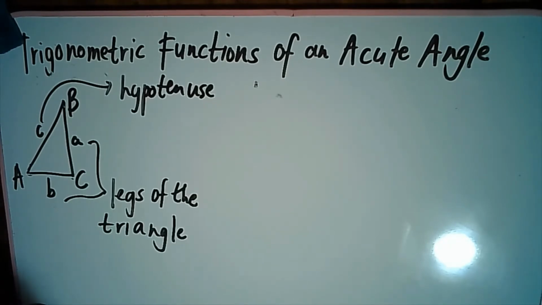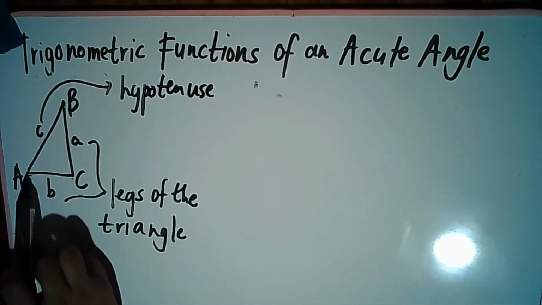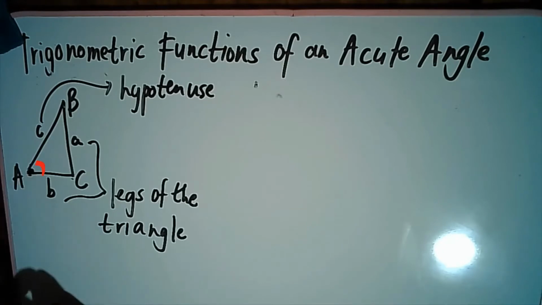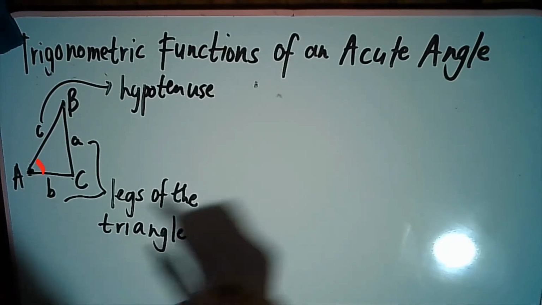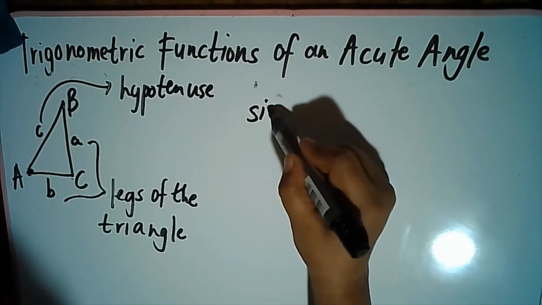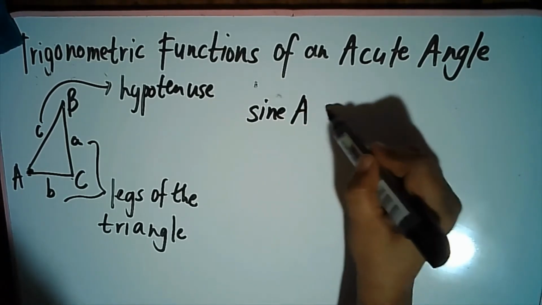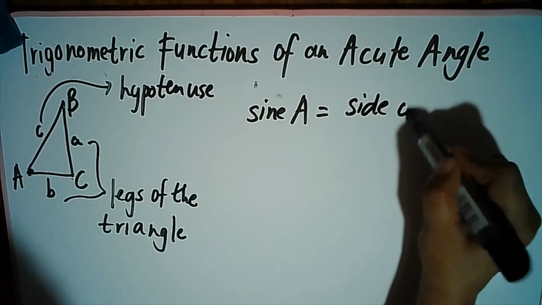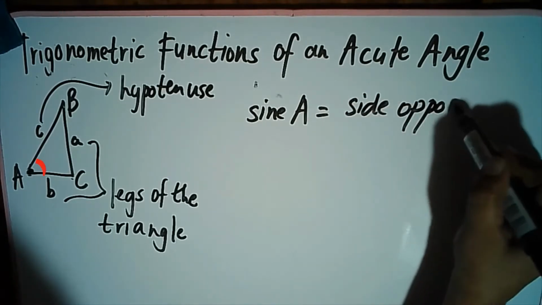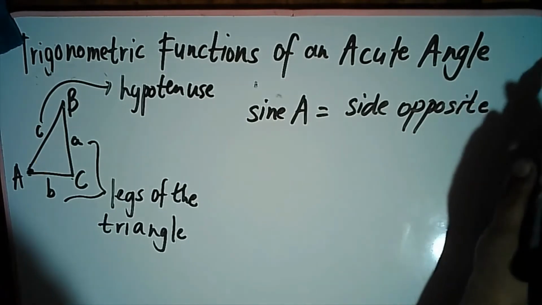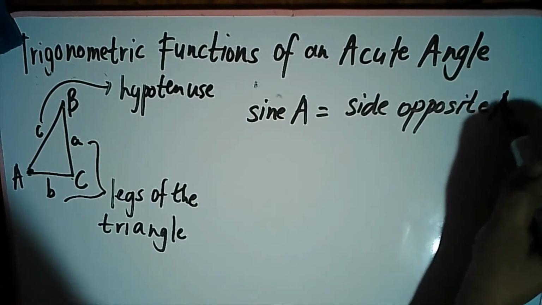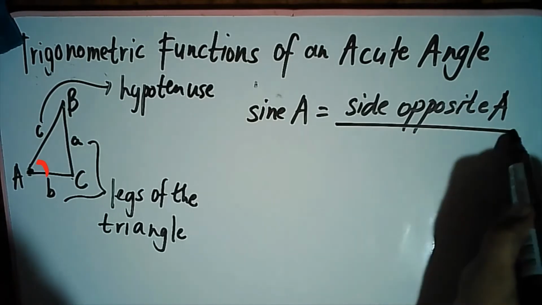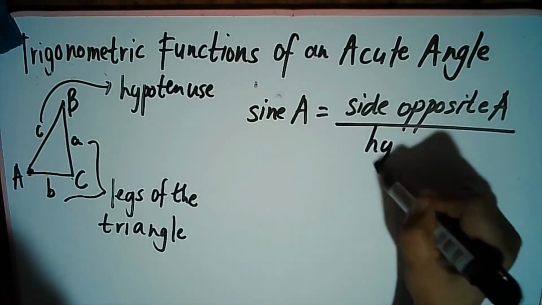We define the trigonometric functions of acute angle A. This angle, we define its trigonometric function as follows. Sine A is equal to the side opposite A over the hypotenuse.